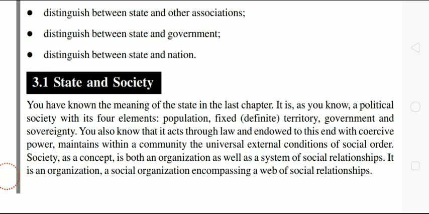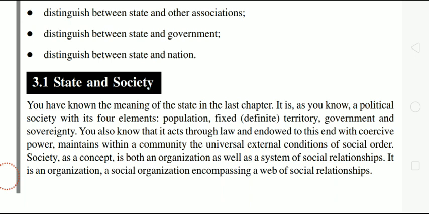3.1 State and Society. You have known the meaning of the state in the last chapter. It is, as you know, a political society with its four elements: population, fixed territory, government, and sovereignty.